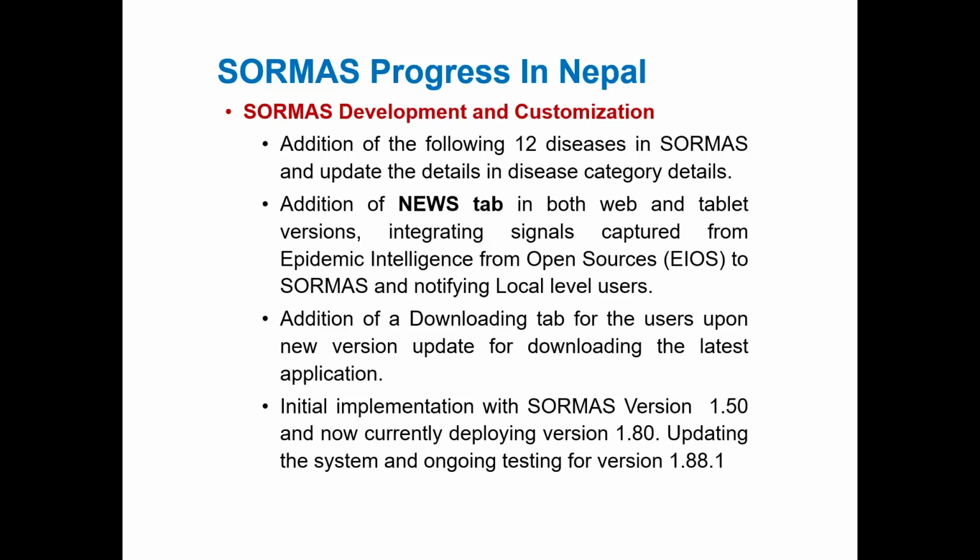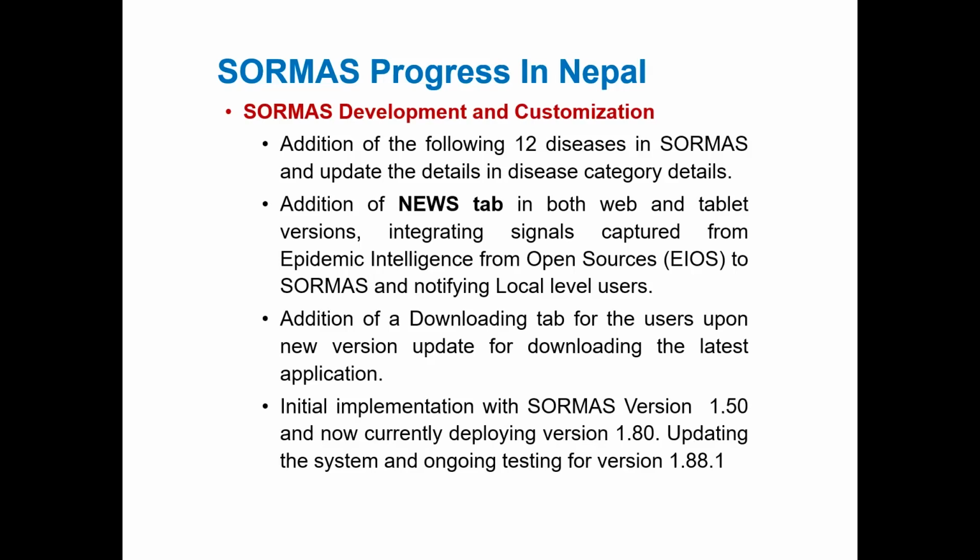For verification of any signals and making them true events, we have added a news tab in SORMAS, even in the tablet form, so that the RRT members can scroll their tablets in a day and see whether news is being published in their region that signifies the possibility of an outbreak.